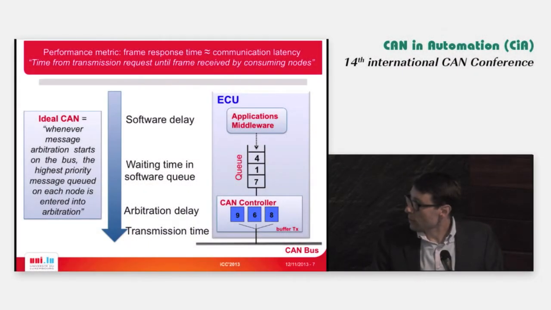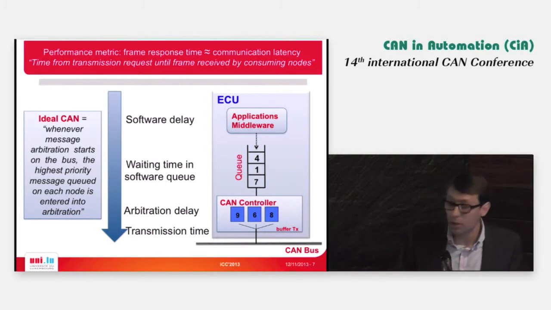Well, what is ideal CAN? Ideal CAN is a system where, in short, every node is able to enter into arbitration the highest priority frame that is waiting for transmission. It might not always be the case.